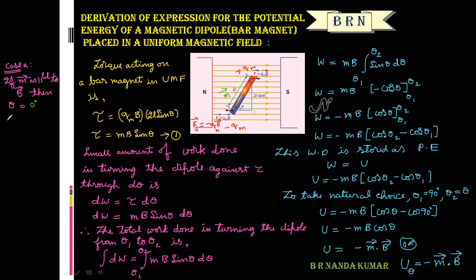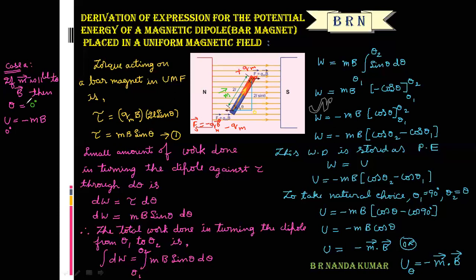Then tau is equal to mB sine 0. Torque acting on the bar magnet is 0. But here we have to calculate the potential energy by using this mathematical expression. So U at 0 degree is equal to minus mB cos 0, which is 1.